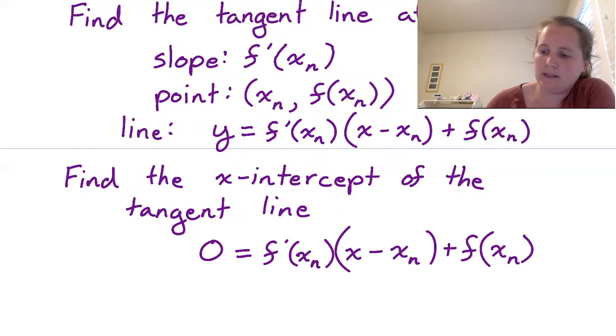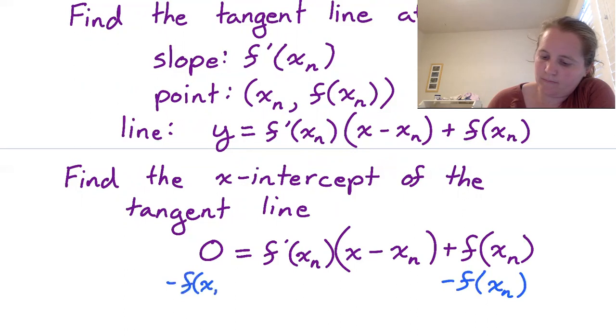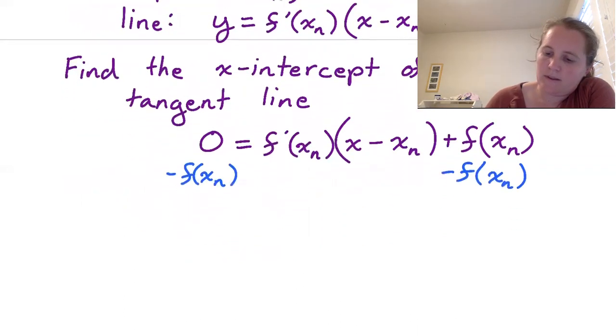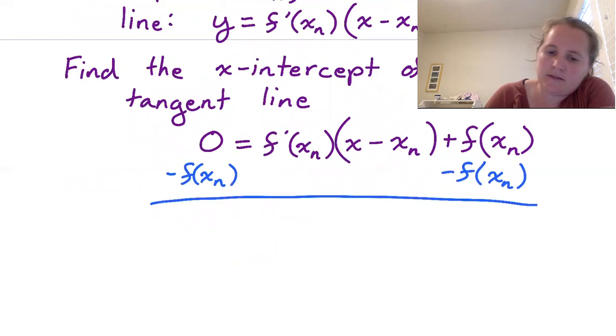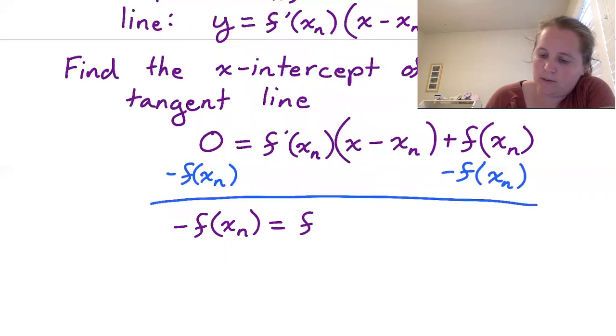If we rearrange this and subtract f of x sub n from both sides, we get negative f of x sub n equal to f prime evaluated at x sub n times x minus x sub n.